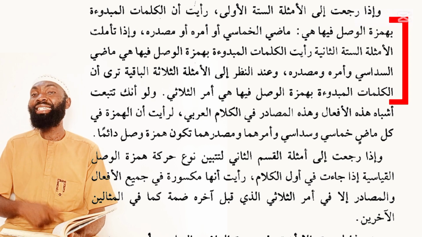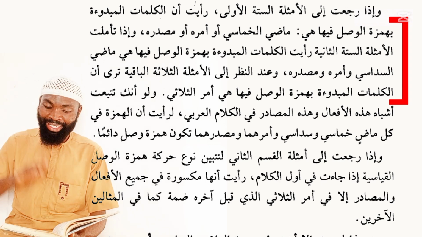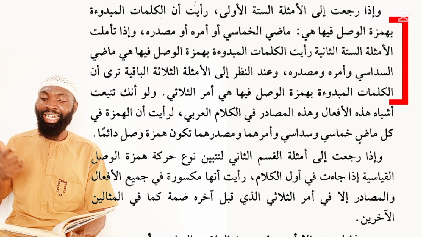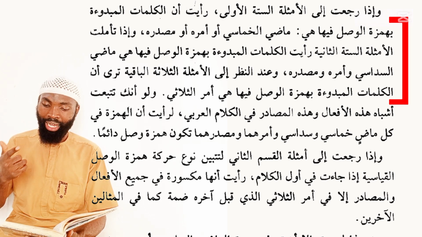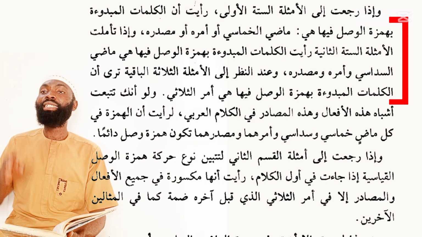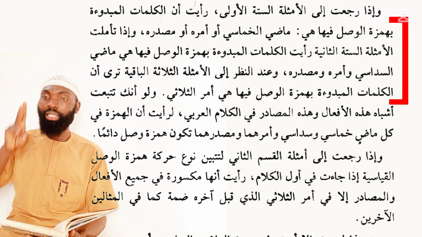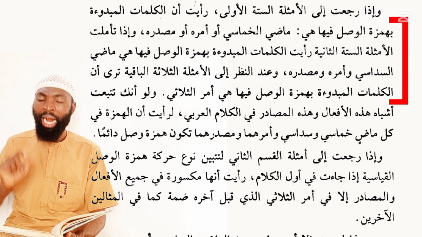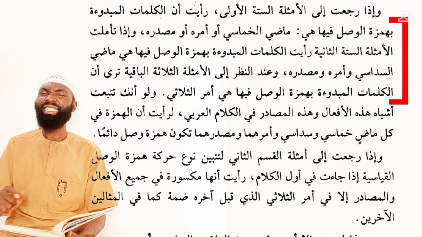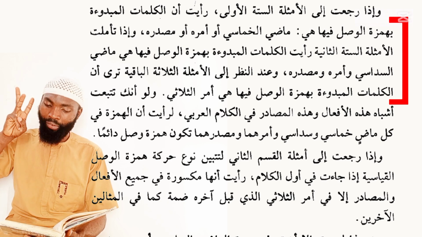Now casting a glance at the last 3 examples, تَرَى أَنَّ الْكَلِمَاتِ الْمَبْدُوءَةَ بِهَمْزَةِ الْوَصْلِ. You will find out that the verbs or the words which begin with this type of hamza, they are أَمْرُ الثُّلَاثِي, the command tense of the 3-literal verb.